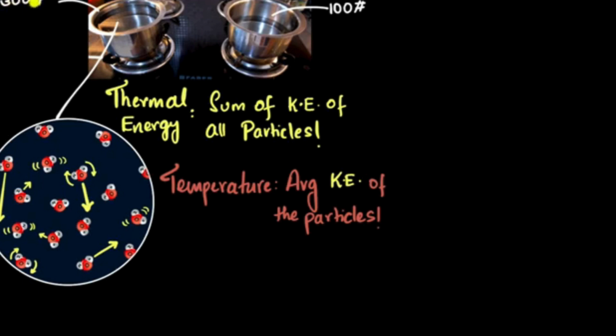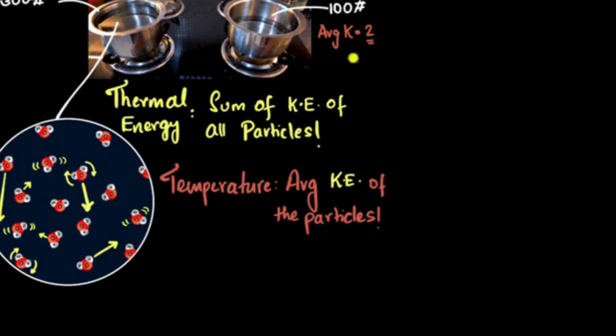Now, if the average kinetic energy is 2 units, what does that mean? It means there will be some molecules which will be having more than 2 kinetic energy. Some particles will be having less than 2 units of kinetic energy. But if you average it out, you'll get 2. And that represents the temperature.